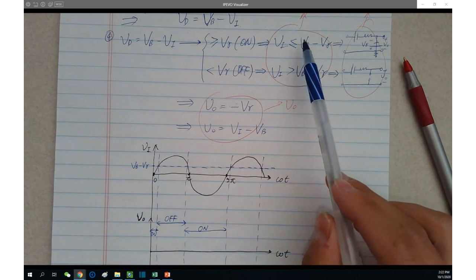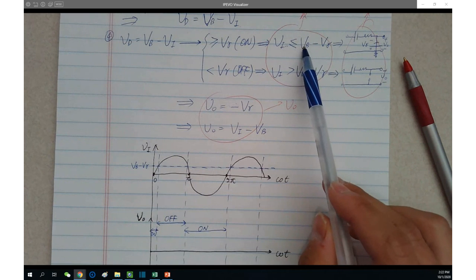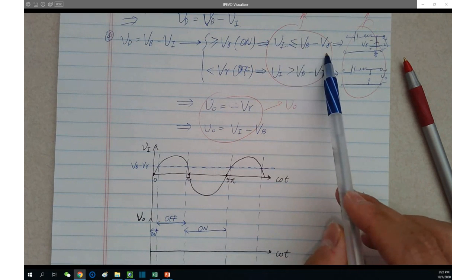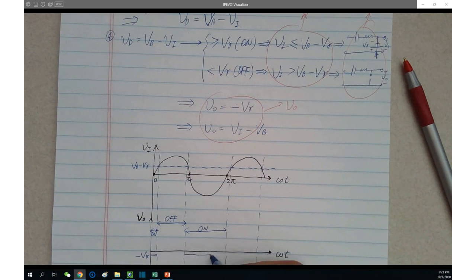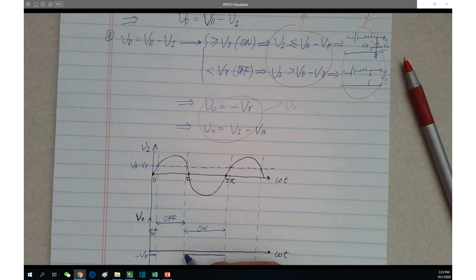Therefore, the diode is on here. Our corresponding output is negative V gamma. Negative V gamma is easy to plot. A constant negative V gamma here, and negative V gamma here. Very easy. It's the on state.